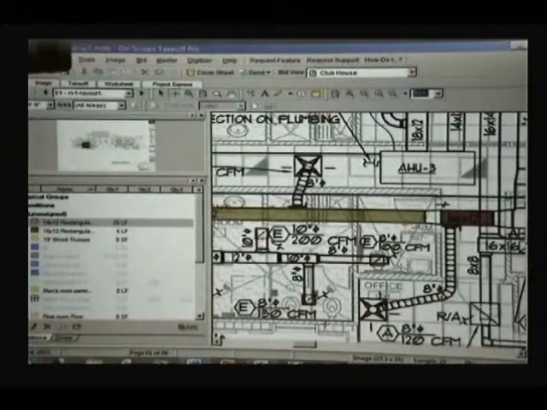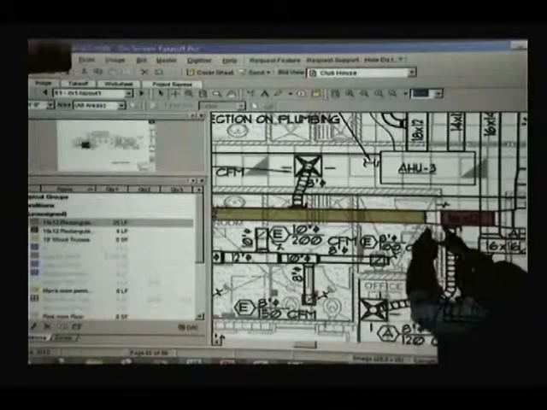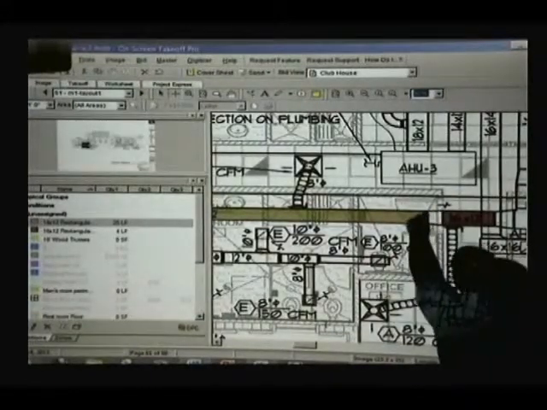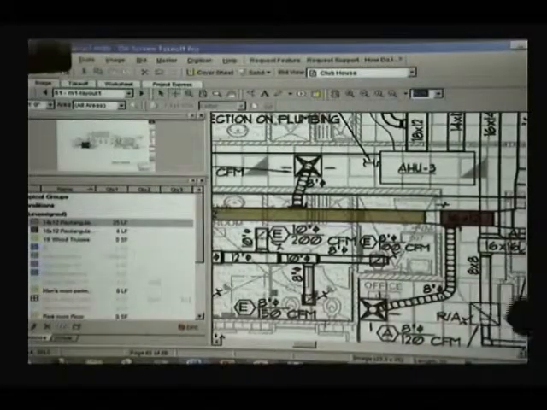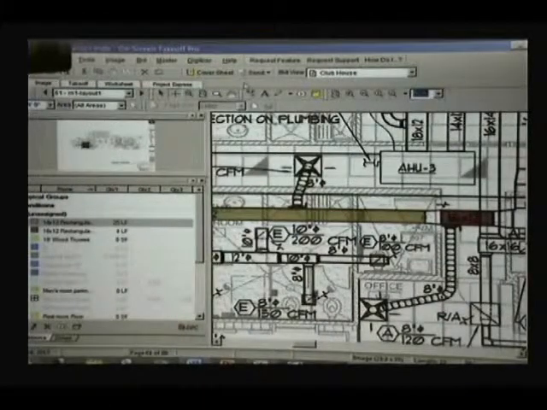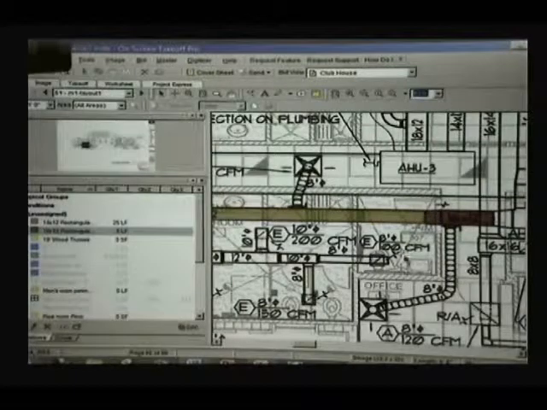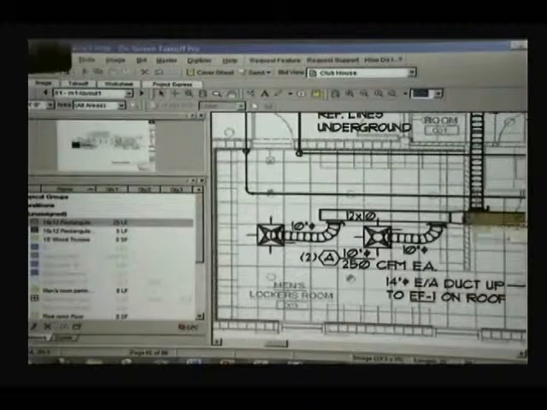The transition is a small section that goes from 16 inches wide to 14 length. So what they do is they form that on site. So what you would do is go with the larger diameter and just cover that section with the larger diameter. That's the easy way to do it.